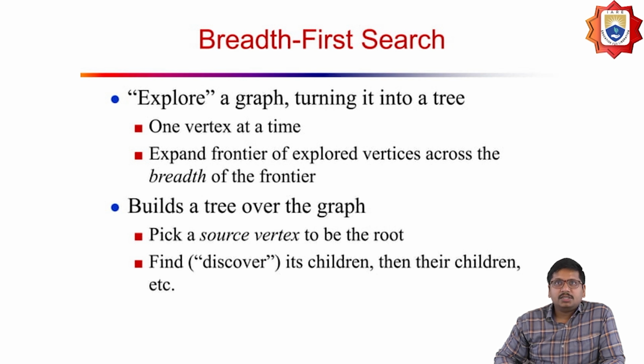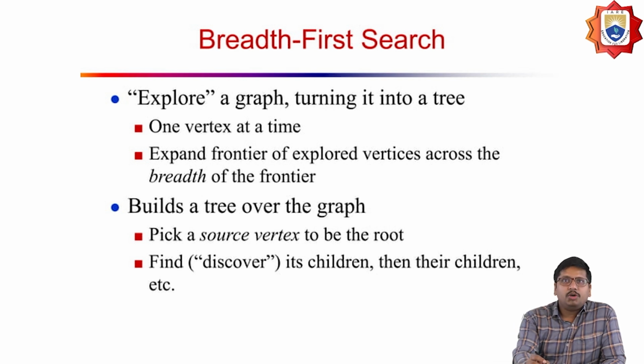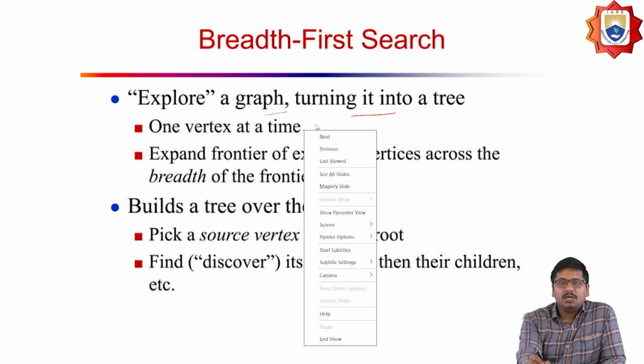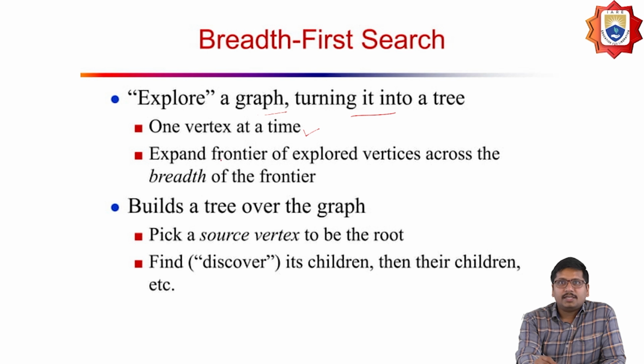Breadth first search is nothing but exploring the graph and turning it into a tree. For that, you use one vertex at a time and expand the frontier of explored vertices across the breadth of the frontier.